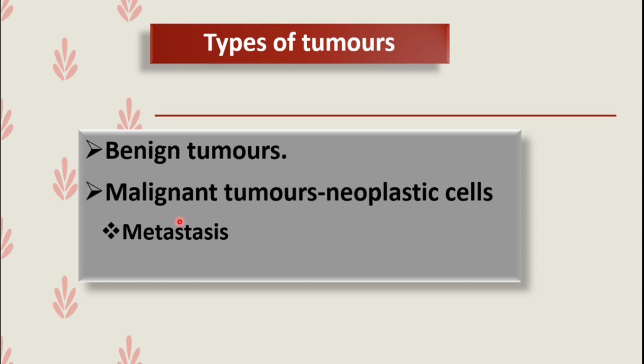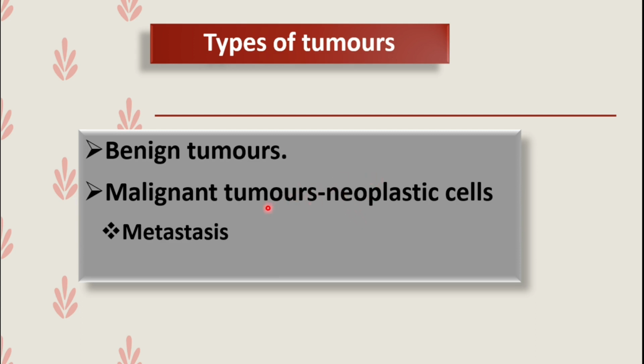Then what happens is these malignant neoplastic cells can detach themselves from the original tumors, and through the bloodstream they can reach a distant site, resulting in the formation of fresh tumors.